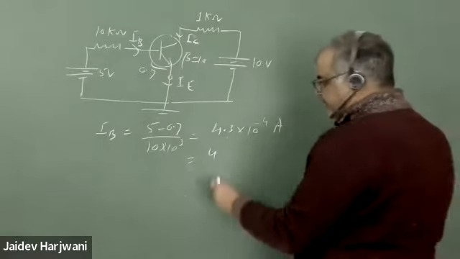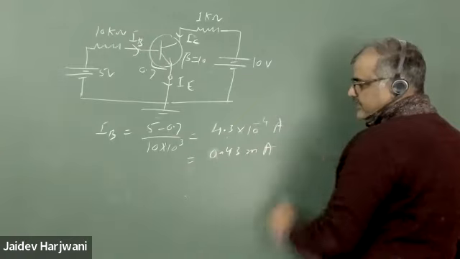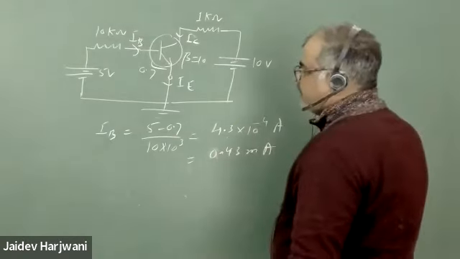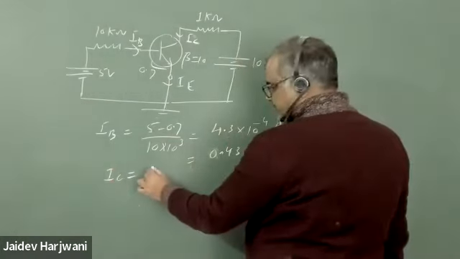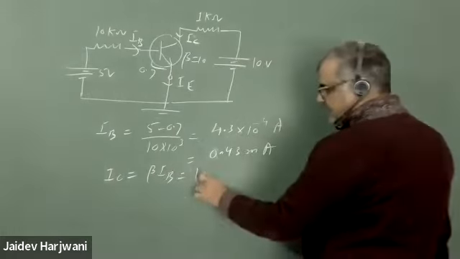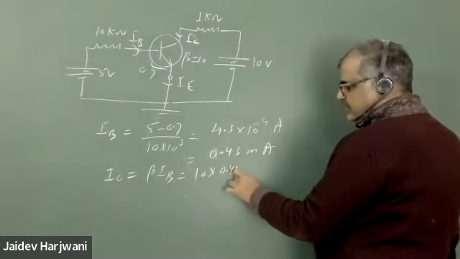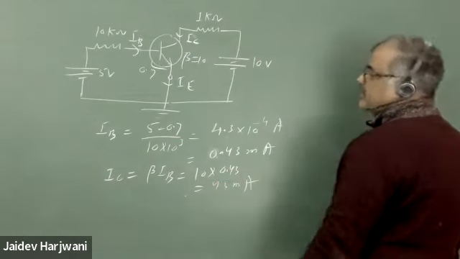It will come 0.43 milliampere. Now I know IB, so I can find IC. IC will be simply beta into IB, that is 10 into 0.43, that is 4.3 milliampere.